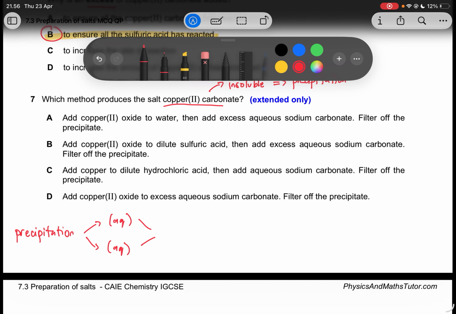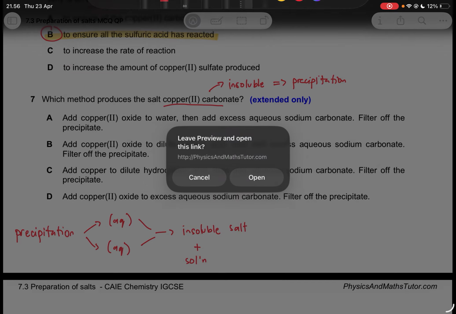And when we mix the two aqueous solutions, they form an insoluble salt. Then that insoluble salt is mixed with another solution, another compound that is soluble. So how can we separate the insoluble salt? We just need to filter it.